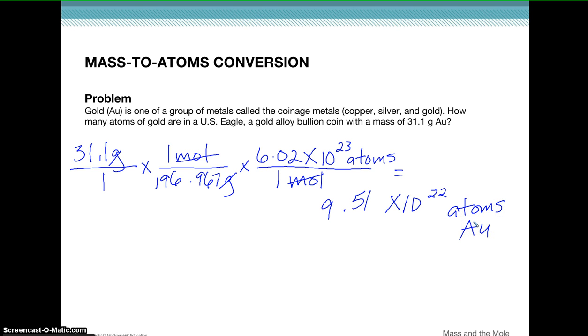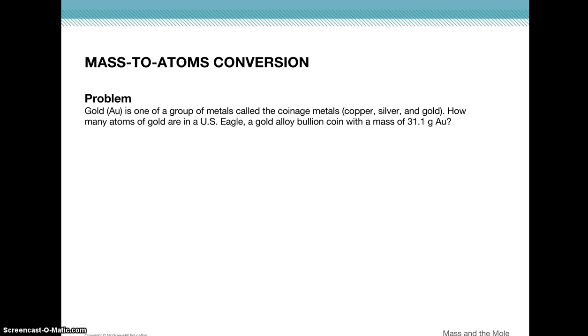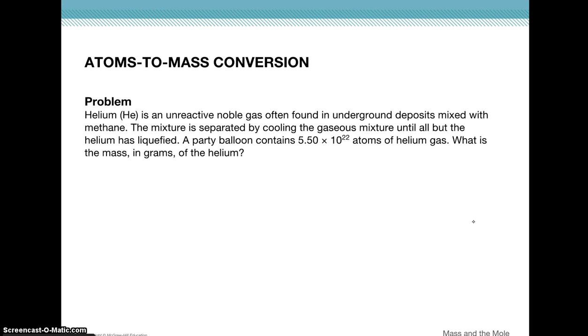There you go. Let's do one more example. Helium is an unreactive noble gas often found in underground deposits mixed with methane. The mixture is separated by cooling the gaseous mixture until all but the helium has liquefied. A party balloon contains 5.50 times 10 to the 22nd atoms. What is the mass in grams of the helium?